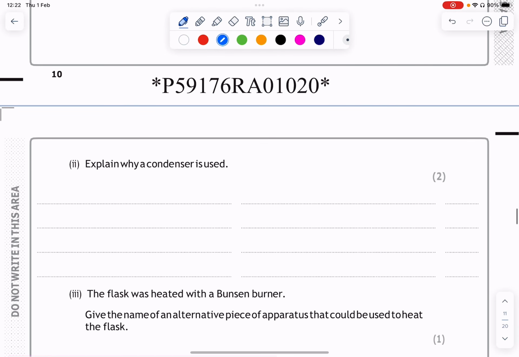Next question, explain why the condenser is used. So the condenser is to cool the water vapor, and this causes it to condense.